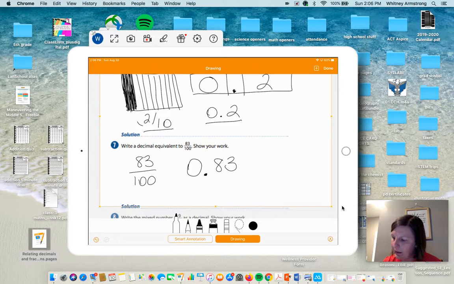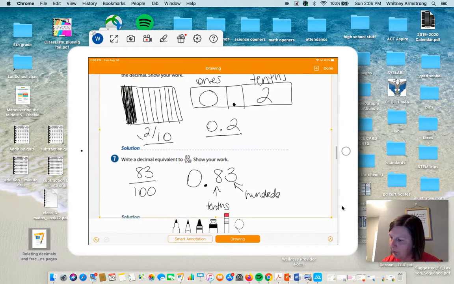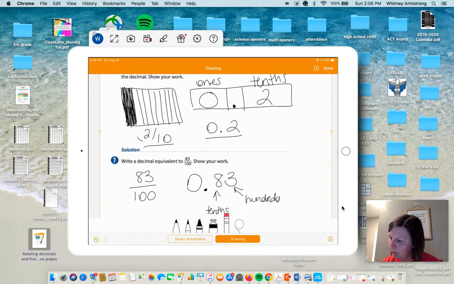Remember, this is your tenths place. This is your hundredths place. Oops, I spelled it wrong. Hundredths place. Okay, so 83/100, all you have to do is take your numerator and put a decimal in front of it to get your decimal. Okay, all right, let's keep going.